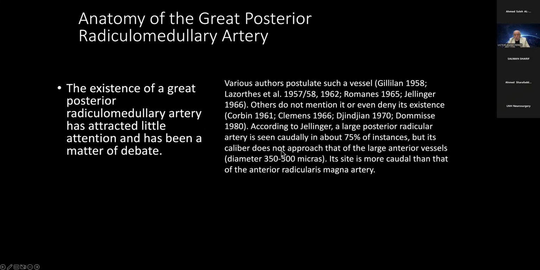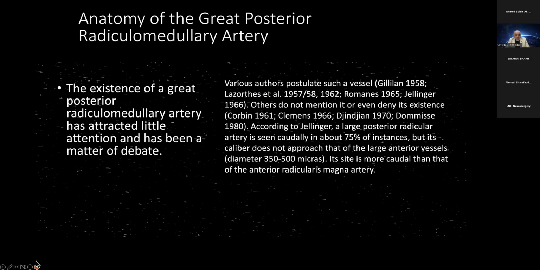So according to Jellinger, a large posterior radicular artery is present caudally in about 75% of instances, but its caliber does not approach that of the large anterior vessels, and its diameter is about 350 to 500 microns. Its height is more caudal than that of the anterior radicularis magna artery.